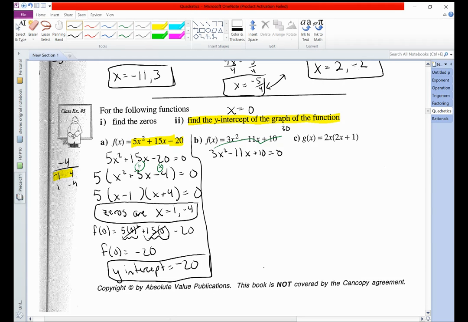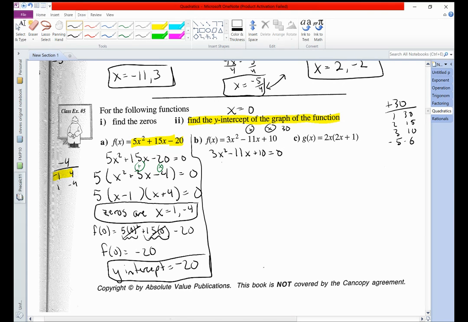So now I'm looking for two numbers that multiply to 30 and add to negative 11. So if you want, you can do that off to the side somewhere. 30 is going to be 1 times 30, 2 times 15, 3 times 10, 5 times 6. Well, negative 5 times negative 6 gets positive 30, and negative 5 plus negative 6 is negative 11.